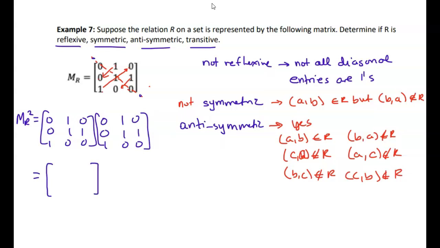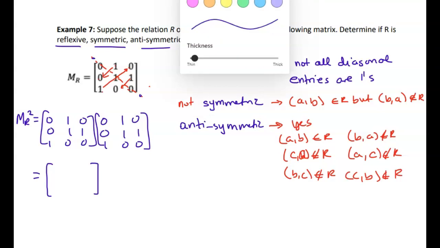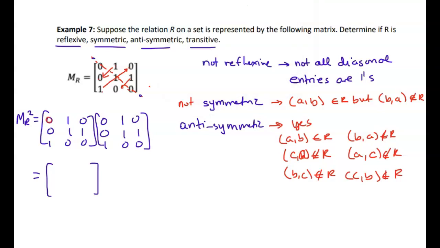With transitivity, you can multiply and use the regular numbers. Basically, you're checking the zeros, right? If you have 0 entries in the original matrix, these have to stay 0 in the square matrix for it to be transitive. If they're going to turn into non-zero entries, then it's not transitive.